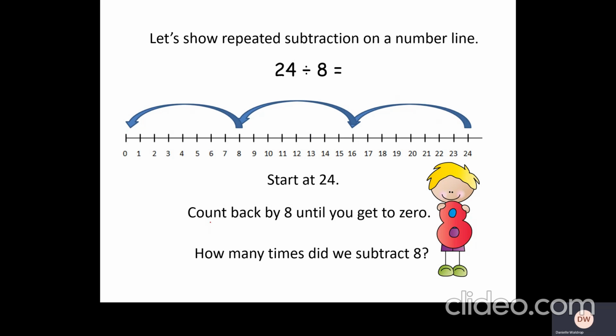How many jumps? How many times were we able to subtract 8? 1, 2, 3. So I know that if I had 3 jumps of 8, then 24 divided by 8 equals 3. Okay, so this is just another way of looking at division. And so tomorrow you're going to do some more work on practicing division.